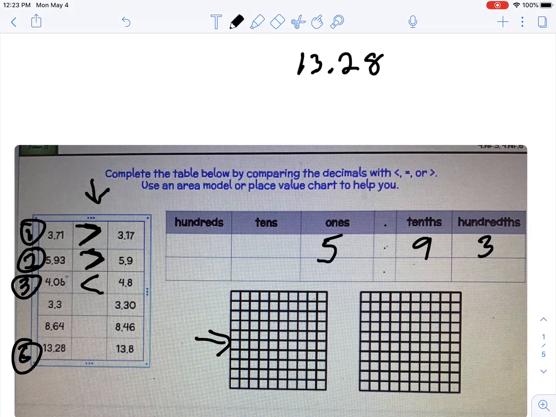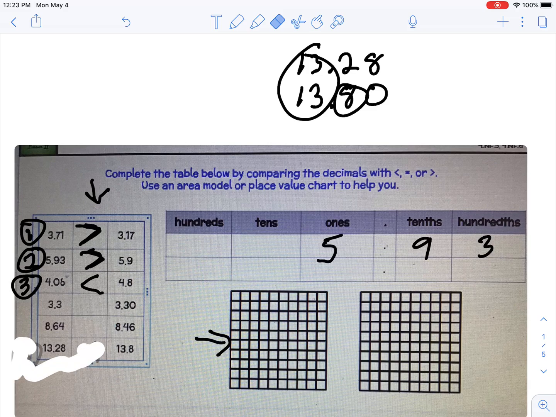I think it's easier and quicker than using an area model. But remember, line up the decimals, so 13 and 8/10. Remember to fill in that blank spot with a 0. Now I can see these are the same, but 8 is greater than 2, so my 13 and 8/10 is greater.